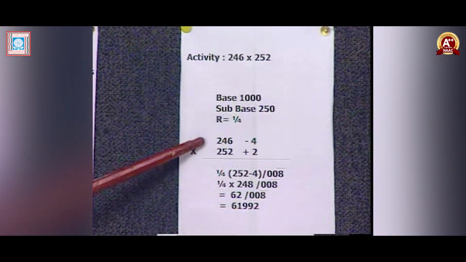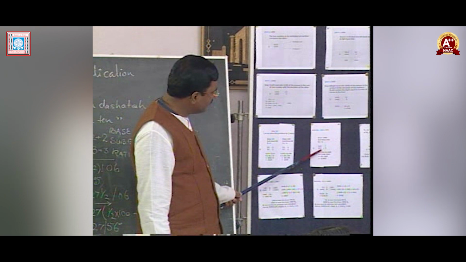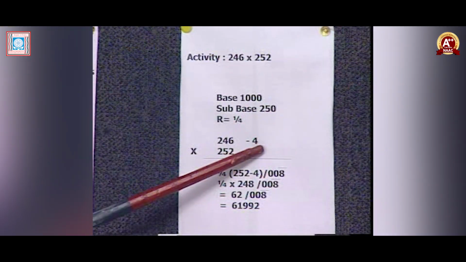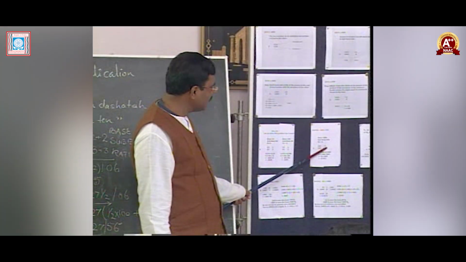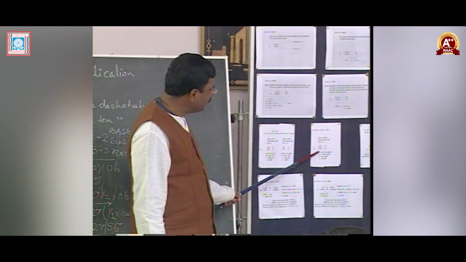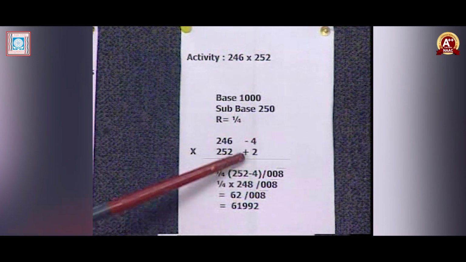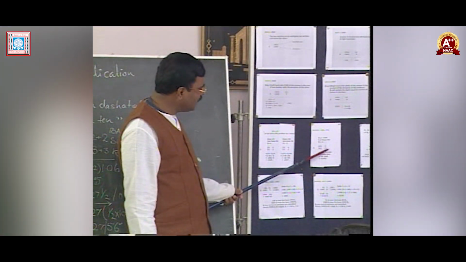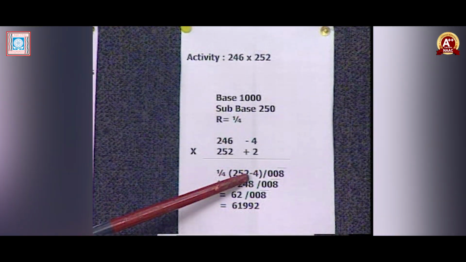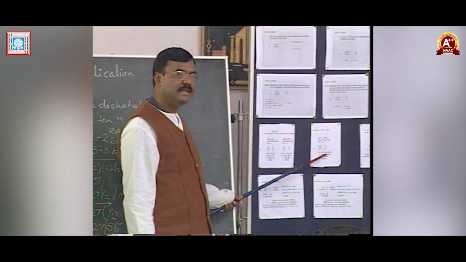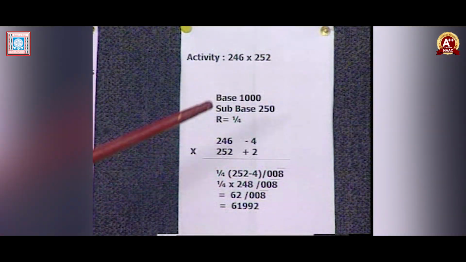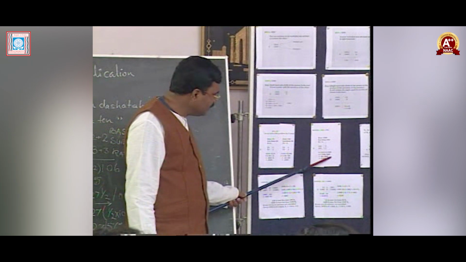Now, 246 is the negative 4 deviation, and 252 is the positive 2. Now, what is the result of negative 4 multiplied by 2? You will get negative 8, but it is a single digit, so 008.